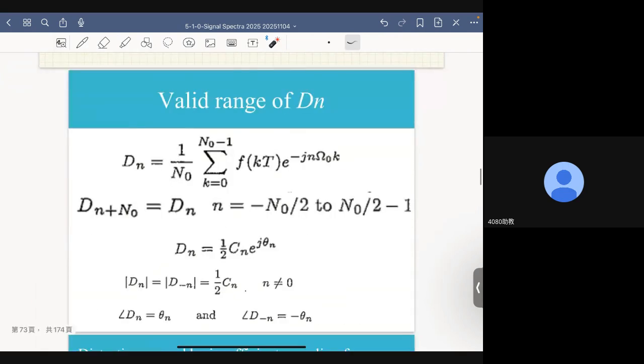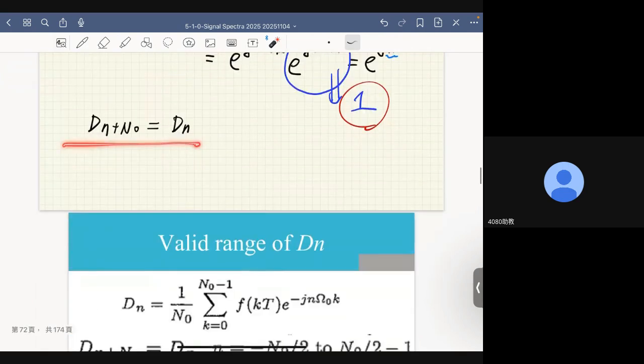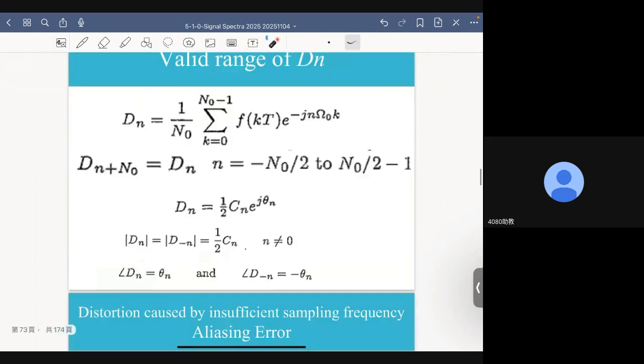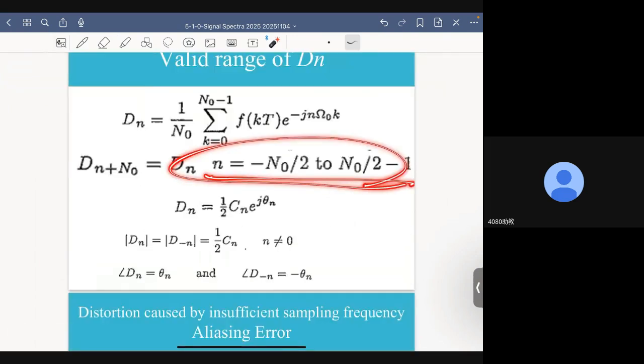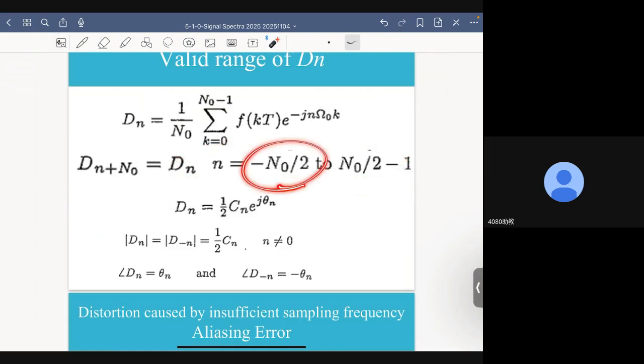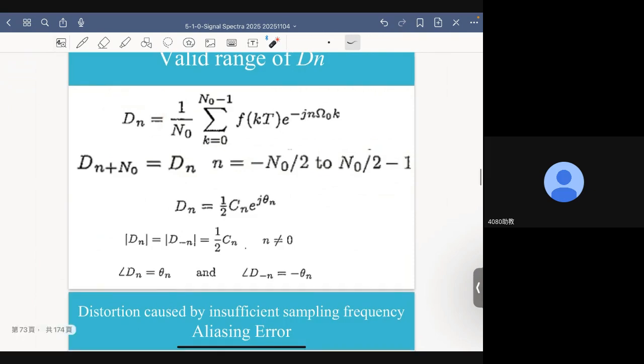So the value range of Dn is only good for this period, that is from minus N0 over 2 up to N0 over 2 minus 1. Once you go outside this range, the value computed by the DFT, the discrete Fourier transform, is no longer okay. It will give you a false answer.